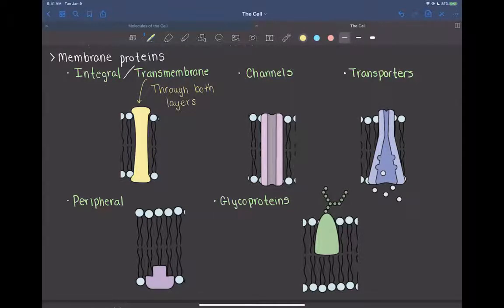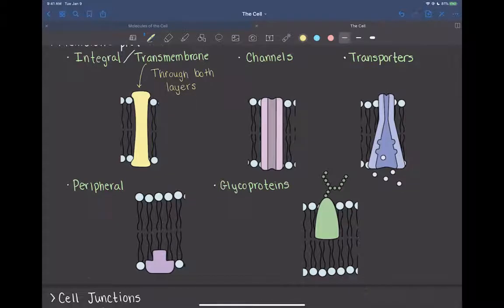And you could also have proteins, like this one down here, that just sit in one layer of the membrane. That is called a peripheral membrane protein. So these are going to be in one layer.